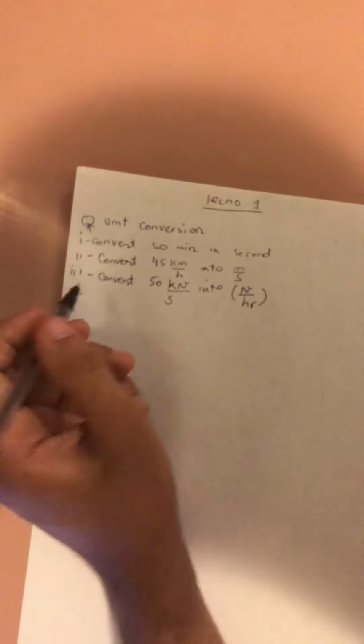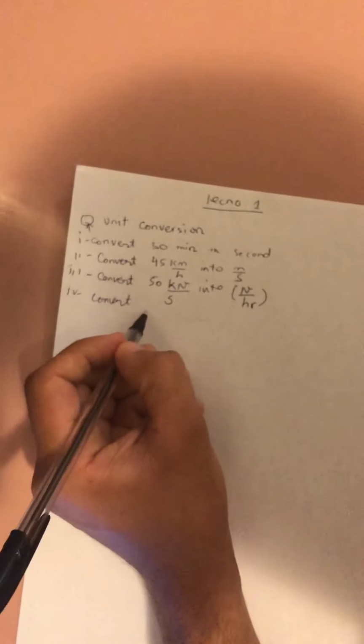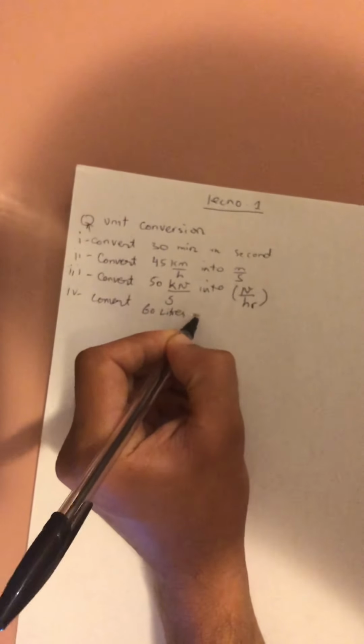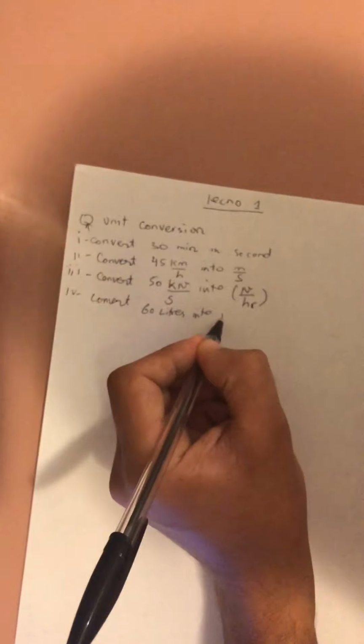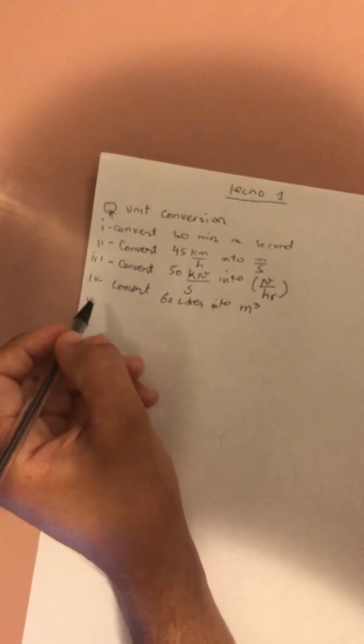And the fourth question is convert 60 liters into meter cube. Then comes the fifth question.